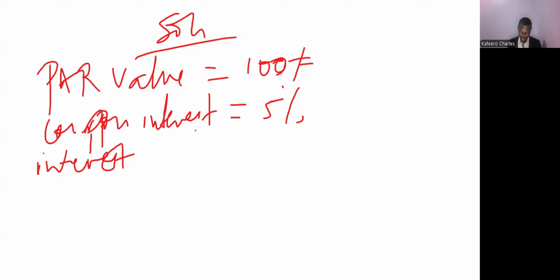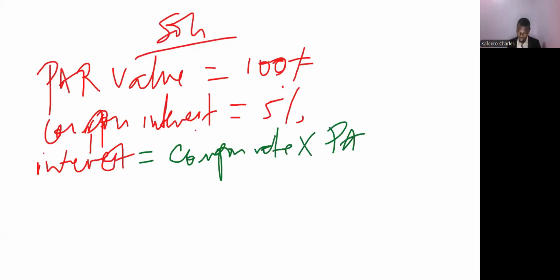So the interest is going to be the coupon rate times the par value for us to be able to compute that. So it will be 5% times the par value is 100, and this is giving us 5 shillings.